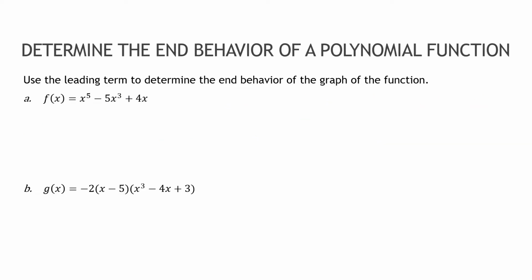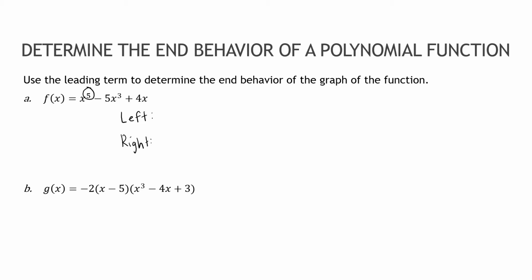So what we want to do here is determine the end behavior of a polynomial function. I'm going to talk you through it, and then I want to show you some notation that you may or may not see, just so you don't get confused if you do see it. The end behavior means, as I'm going to the left, what's happening? And as I'm going to the right, what's happening? If I look at this, this is a degree of 5.